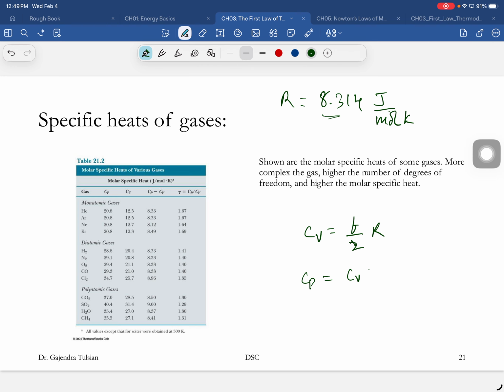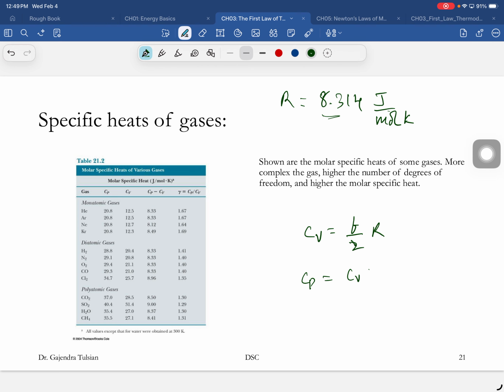This is not available. To excite this degree of freedom, to make it rotate along that axis, you would have to heat the gas to about 500,000 degrees Kelvin. The first excited level is available only at those temperatures.